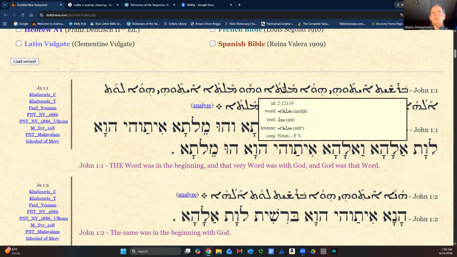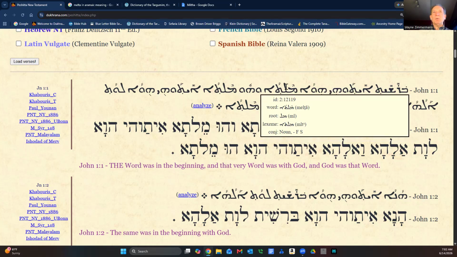You'll see what I'm hovering over right now is the MILTHA, and it gives you a phonetic of the MELTA, and it gives you the root of the mem and the lamed.